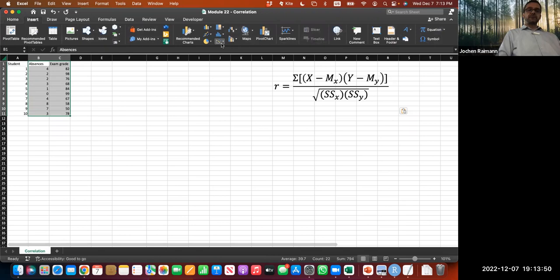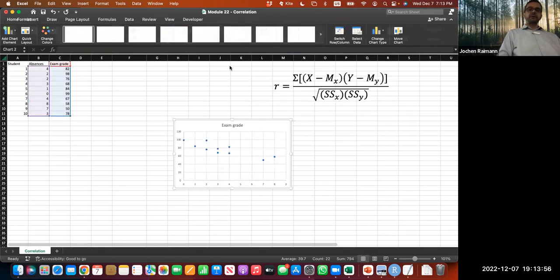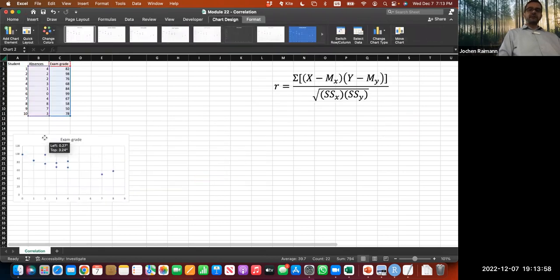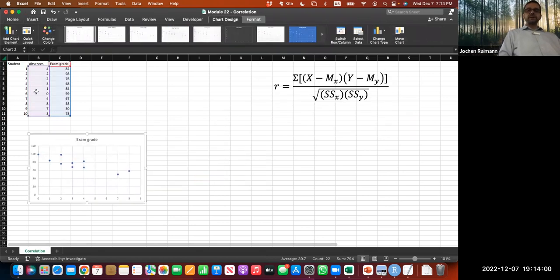This is simply done by selecting both variables. Always keep in mind that the left variable is your x and the second variable is your y. So we basically have exam grade as a function of absences in class.